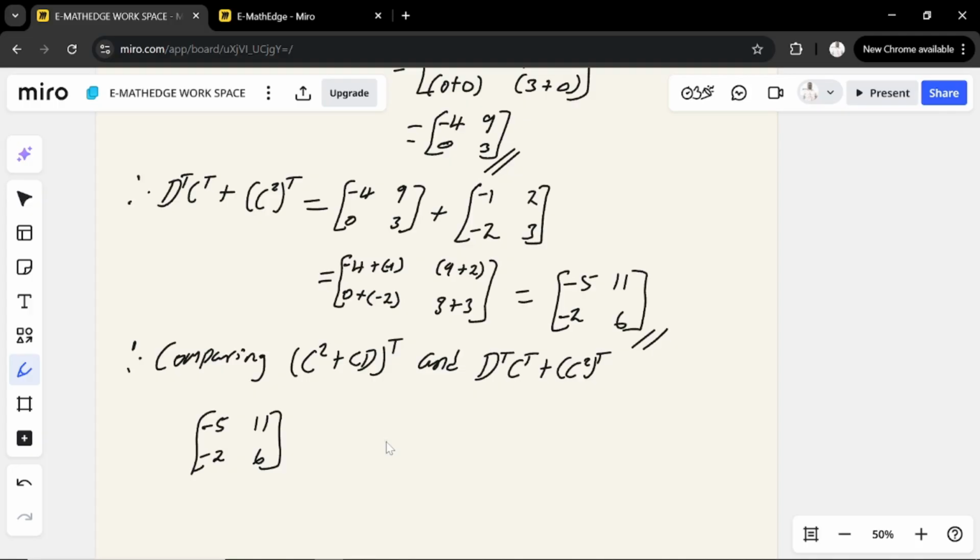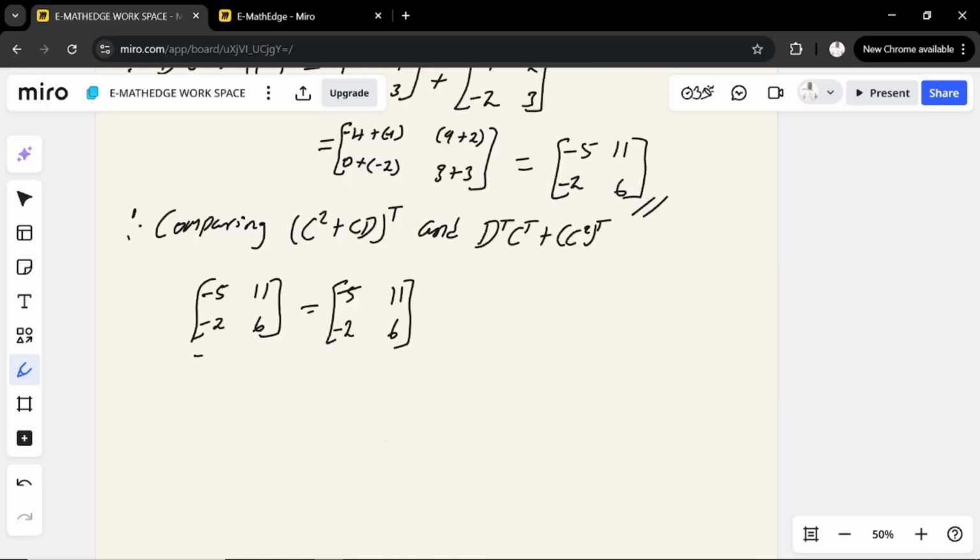And what is D transpose C transpose plus C square transpose? And we've obtained it recently, which is this -5, 11, -2, and 6. This shows that these two expressions are equal, right?